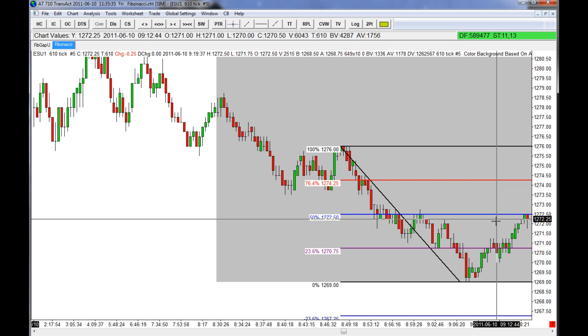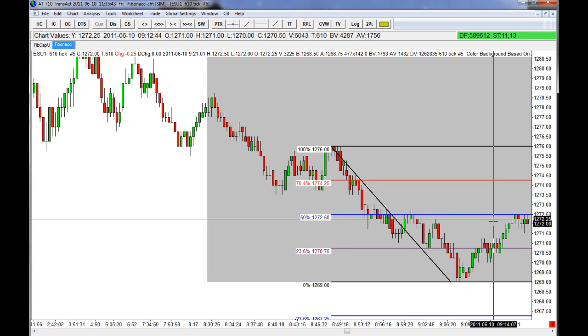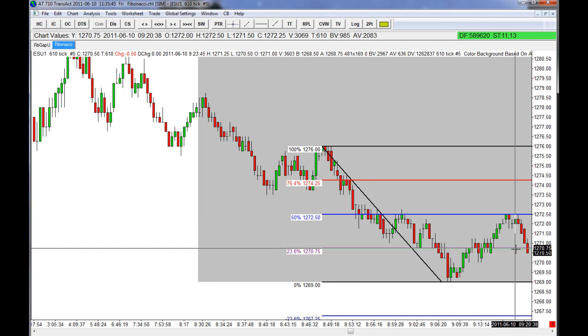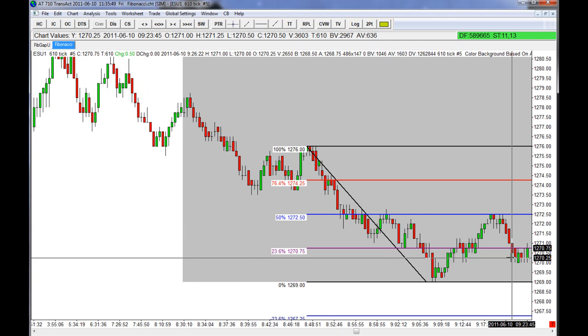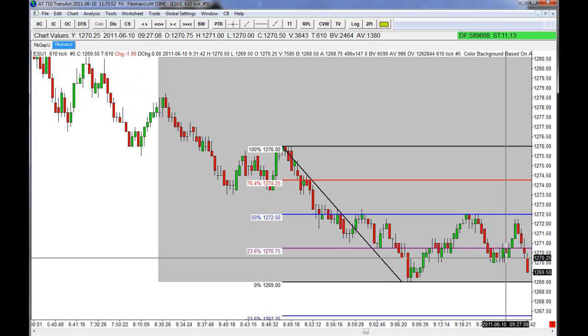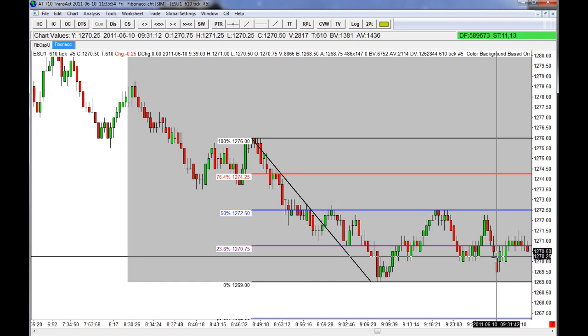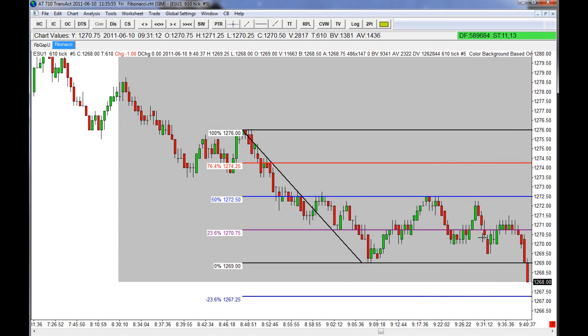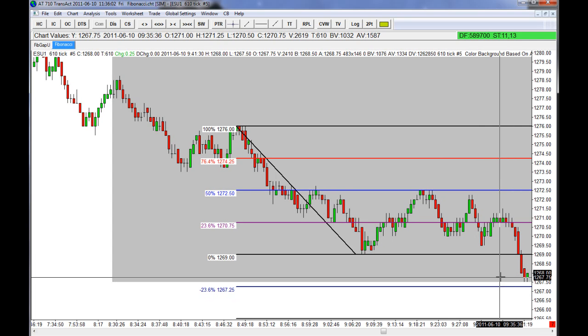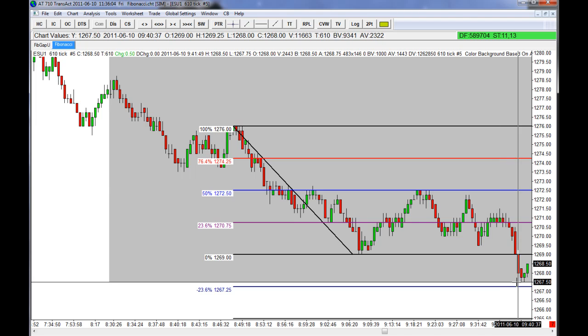Okay, so I had a 5-tick profit target and an 8-tick stop loss. As you can see, then price fell, got filled, and continued moving inside here between the 50 and 0% until finally it broke 0%, got close to negative 23.6.